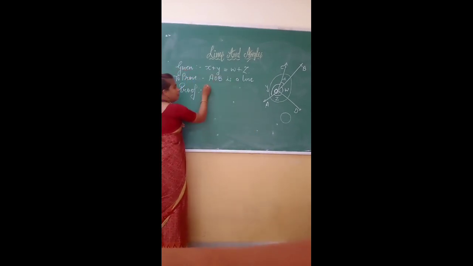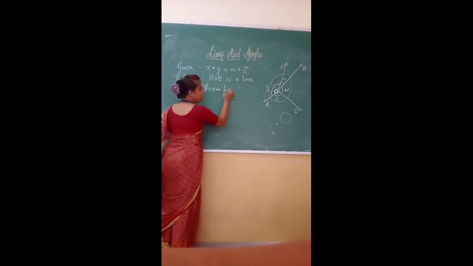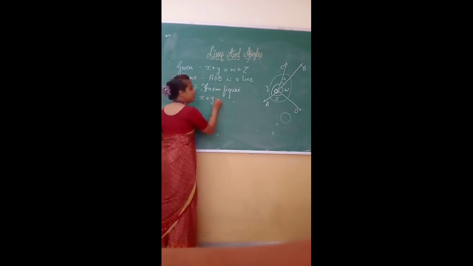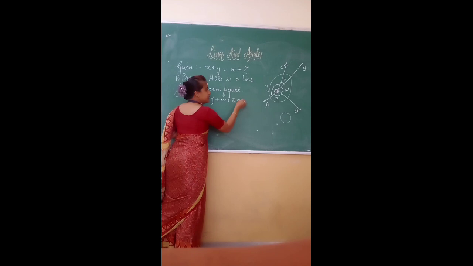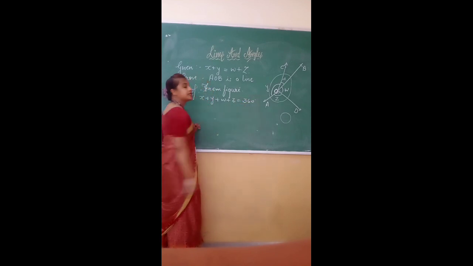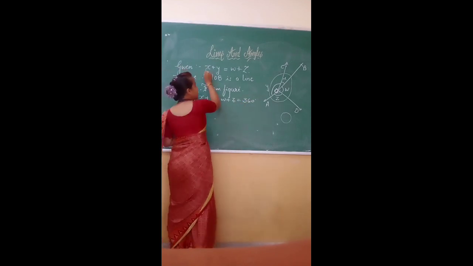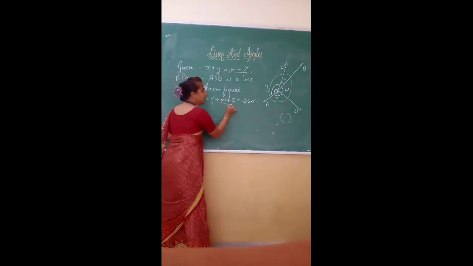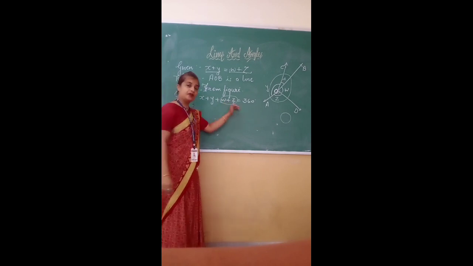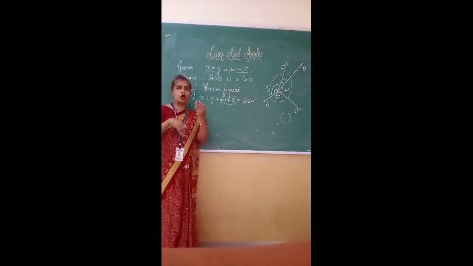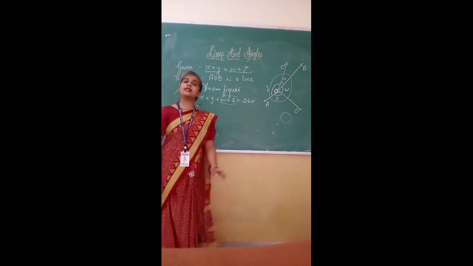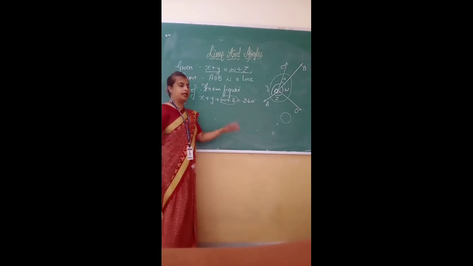So, from the figure, we will get x plus y plus w plus z equals 360 degrees. But we know that x plus y is equal to w plus z. It means in place of w plus z, we can replace x plus y, or vice versa. Any of the parts can be replaced.